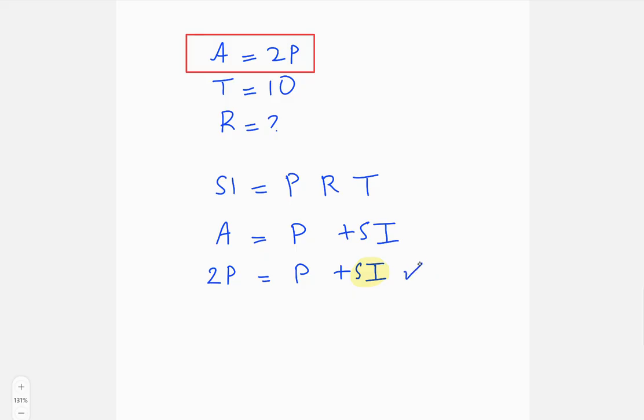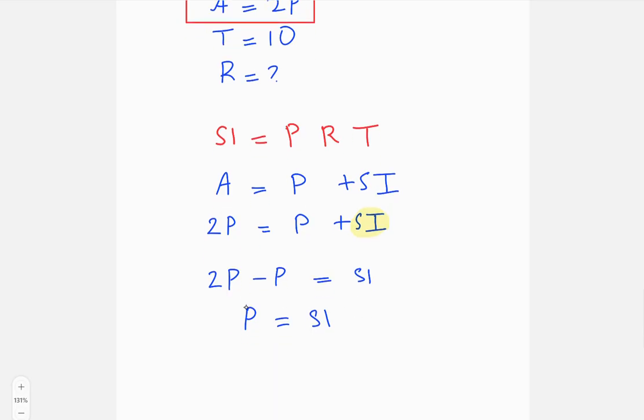Because that way I can use it in this formula. So let's make simple interest the subject. Here, if you want to make this the subject, I'm going to move the P around. 2P take away P equals simple interest. Why did I take it away? Because the principal was adding here, and when you move it, you're going to take it away, and you're just left with principal equals simple interest. Because 2P take away 1P is just 1P. So instead of writing 1P, you can just write a P.